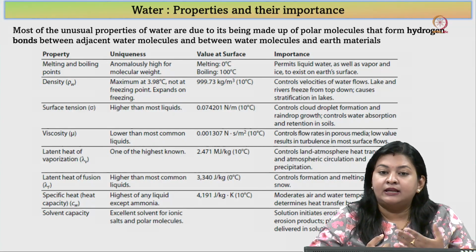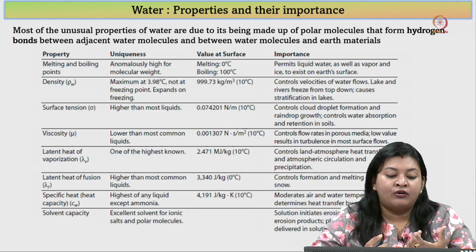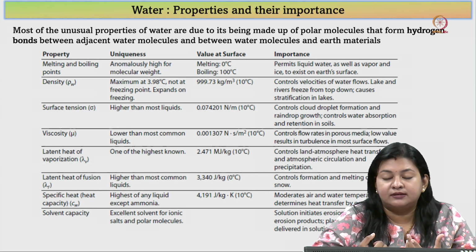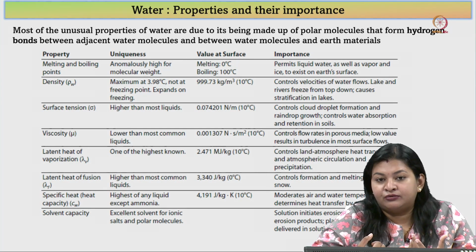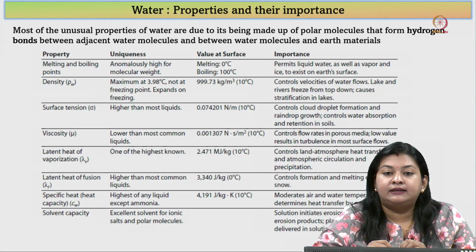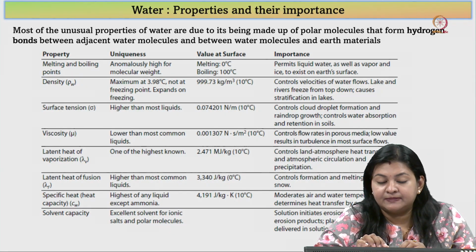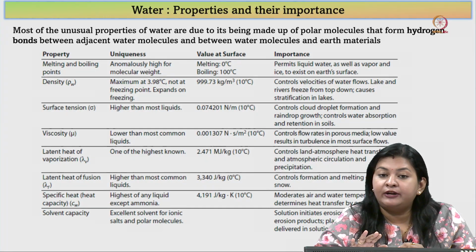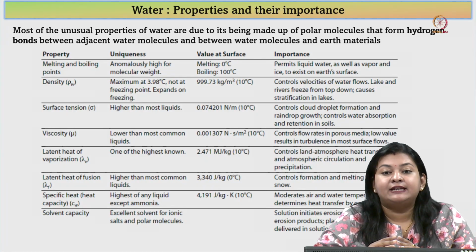Density. Now, there is an anomalous nature of water in that its density is maximum at 4 degrees, that is 3.98 degrees Celsius, which is not the freezing point, and then it expands.